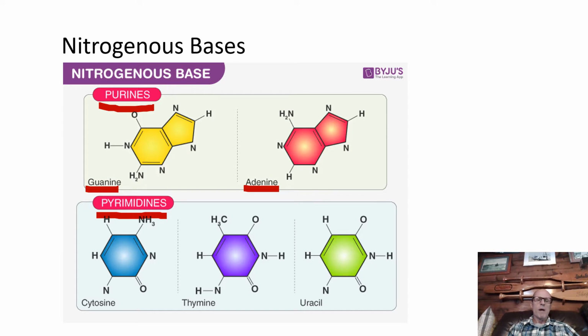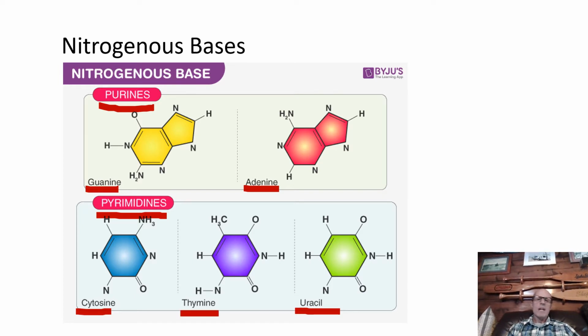When you look at the pyrimidines, on the other hand, they only consist of a single 6-membered ring, again, full of nitrogen. That's why we call these the nitrogenous bases. The three pyrimidines that we find in our nucleic acids are cytosine, uracil, which remember is only in RNA, and thymine.